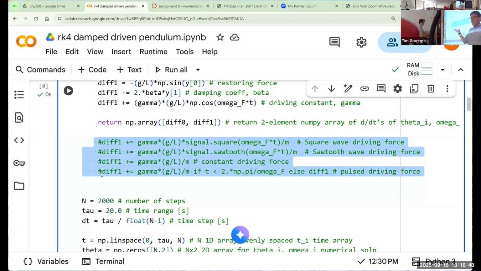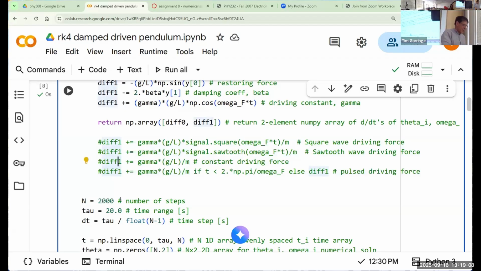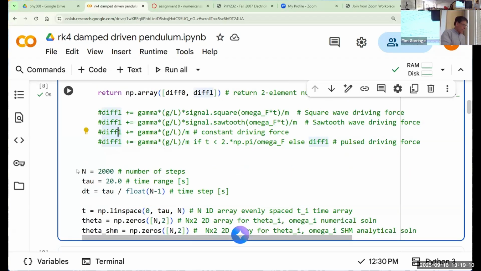There's a function for that defined in the SciPy library, so that's why I grabbed that. There's also a function for a sawtooth driving force in the SciPy library, so I grabbed it here, or any other sort of driving force that I could invent. So anyway, just to let you know.